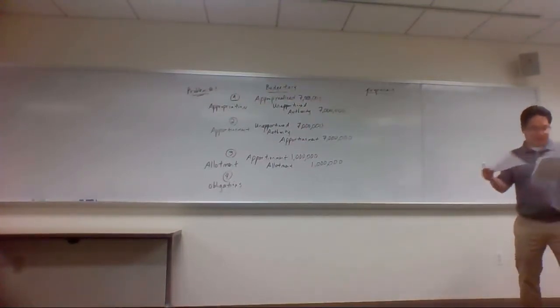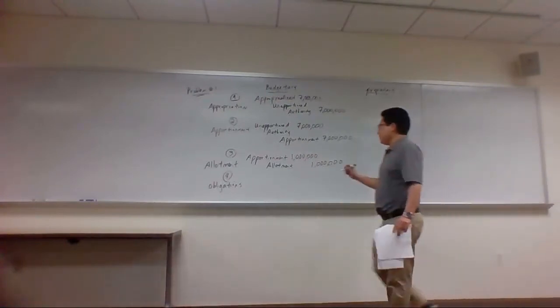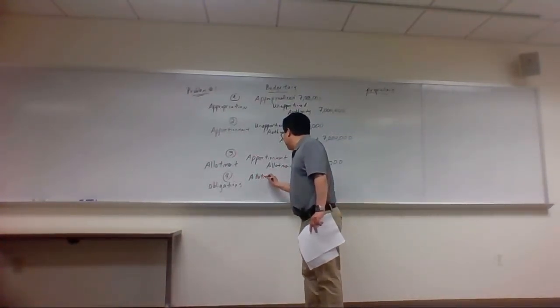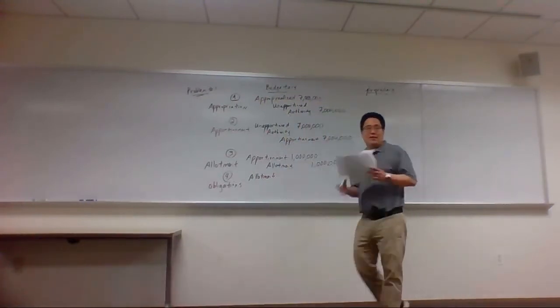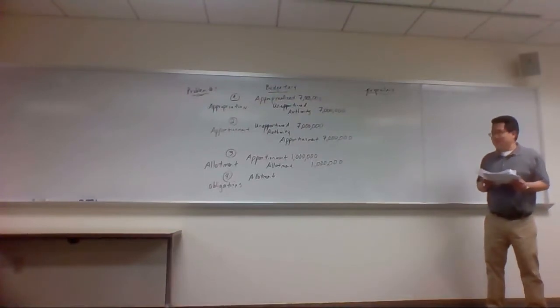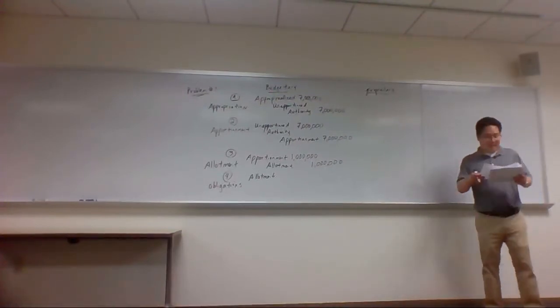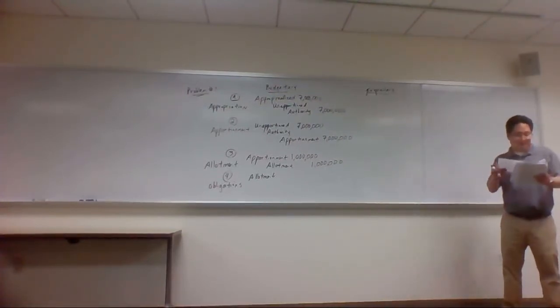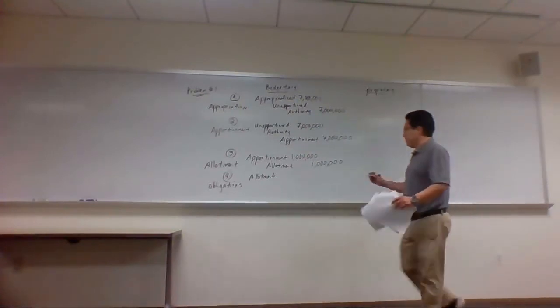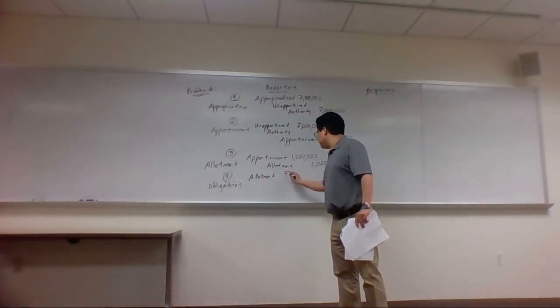So we're going to debit allotment. So this does seem like a lot of extra steps, right? A lot of extra steps for something that you would assume shouldn't be that complicated. If you add up all the numbers, what does that all add up to? 970,000, that's right, 970.